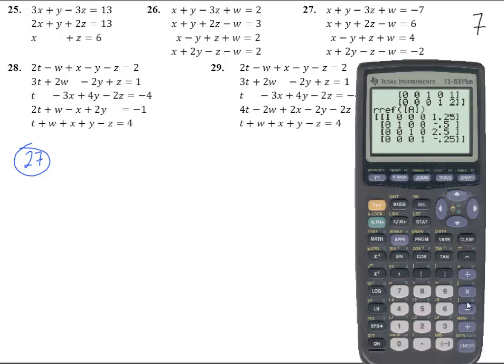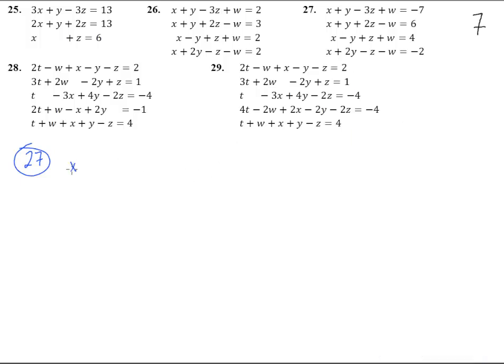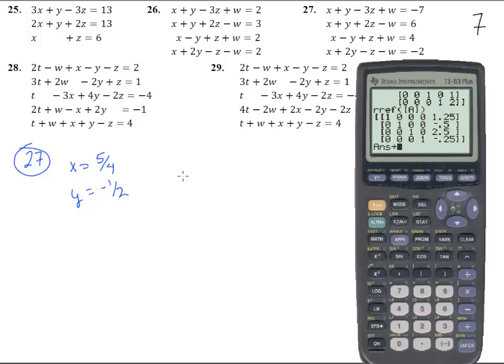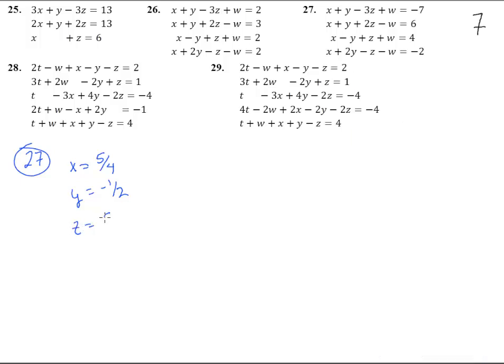Hit enter. And now we have a little bit tougher things here, but x equals 5/4, y equals -1/2, then z equals 5/2, and w equals -1/4. And there's our answer.